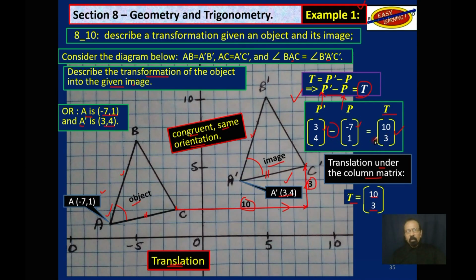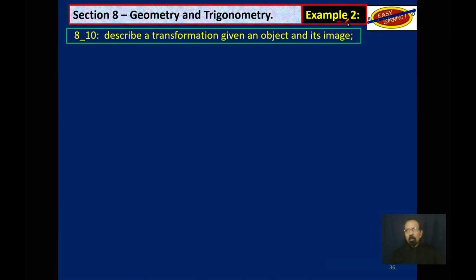So you get 10, 3, which is that same 10, 3 we have down here. So we look at two ways of doing this. The easy graphical method and the little more difficult calculation method. That was example 1. Example 2.